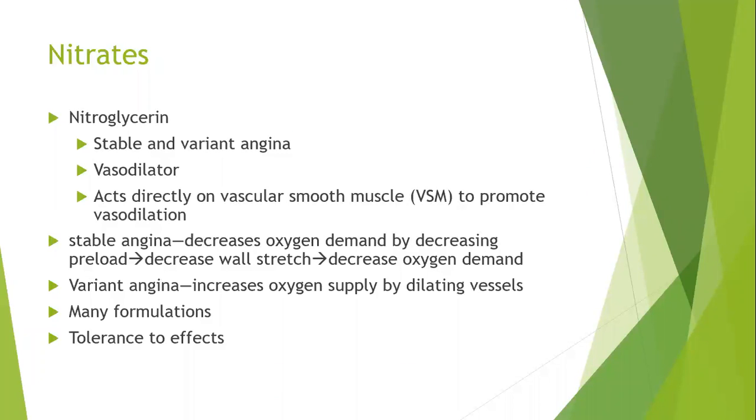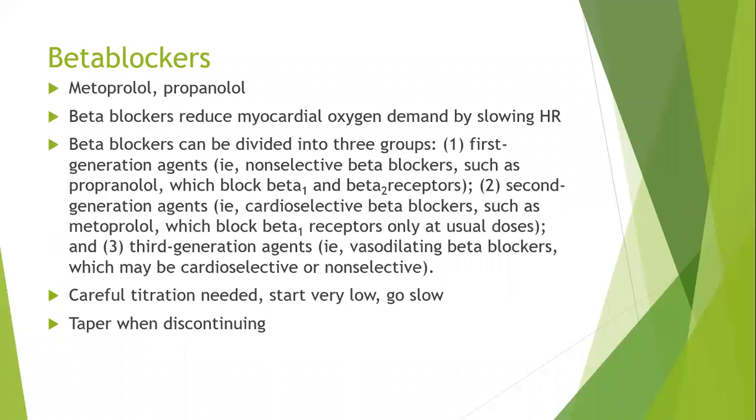So this is interesting. In variant angina, it works to increase the oxygen supply, so on the other side of the equation, by dilating the vessels. It comes in a million different formulations. And one thing to note is people do develop a tolerance to the effect. That's why with nitro patches, they're on for a period of time and then removed for about 12 hours.